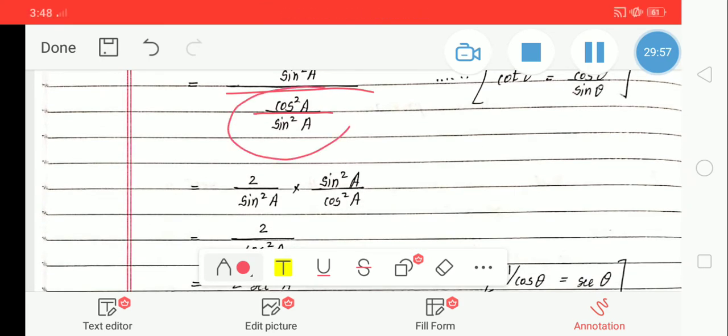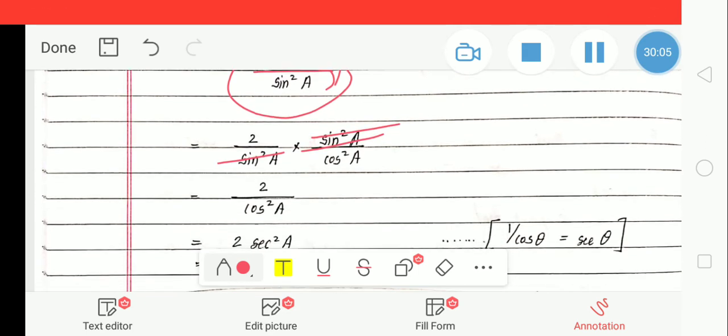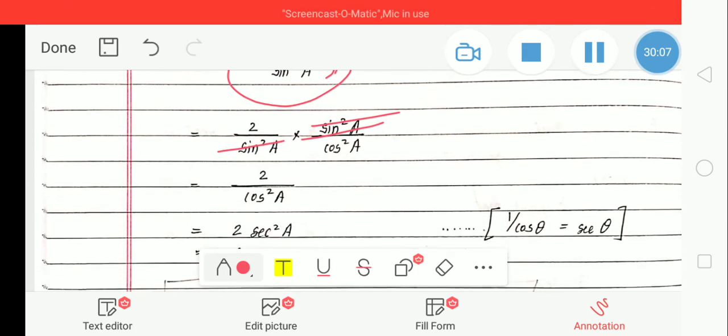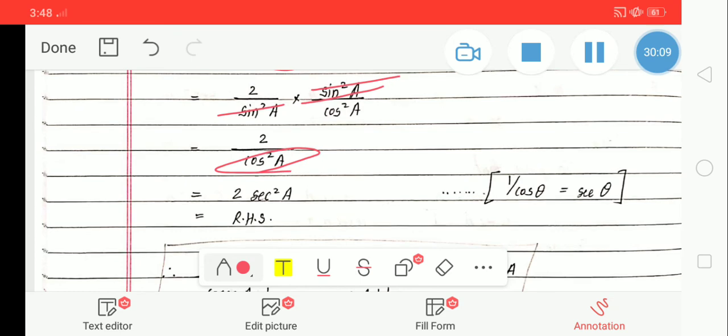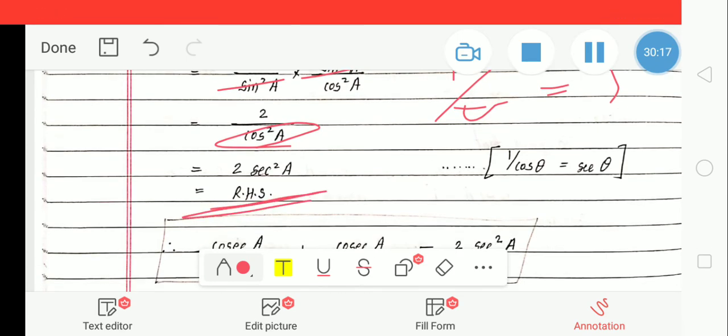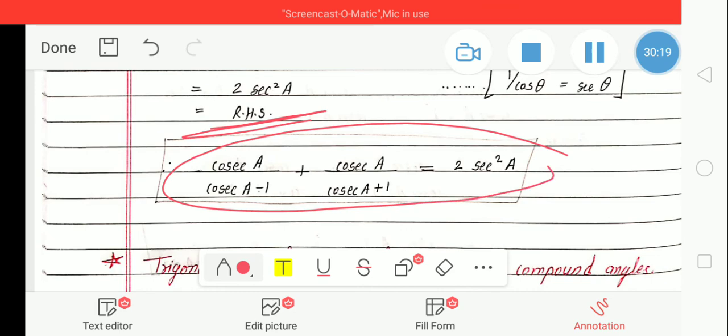Now we want to multiply, so we interchange both: sin square theta divided by cos square theta, so sin square gets cancelled, 2 divided by cos square theta. And here 1 upon cos square theta, cos theta is equal to sec, so 2 sec square A, that is RHS, hence proved.